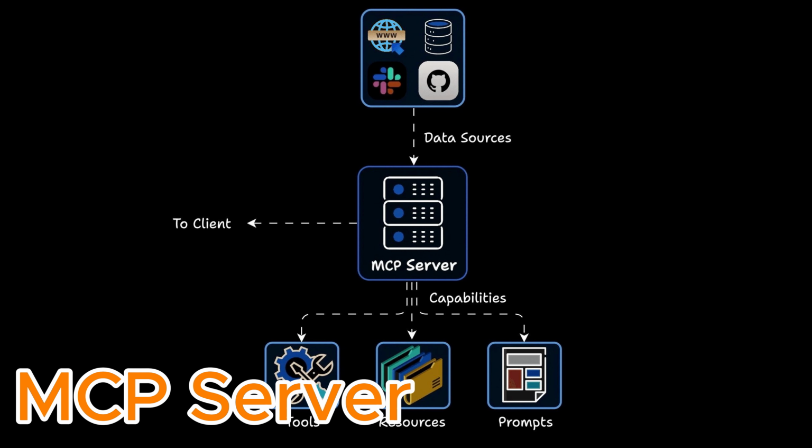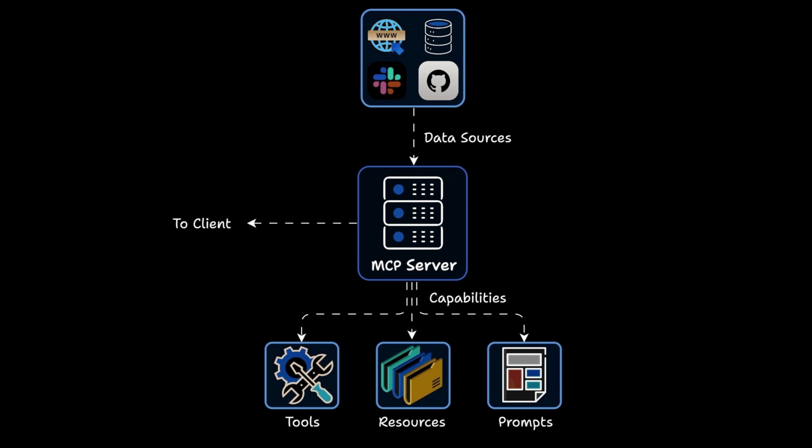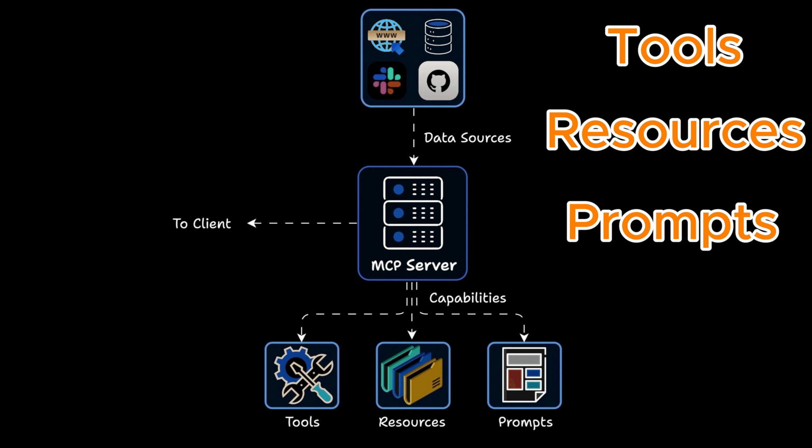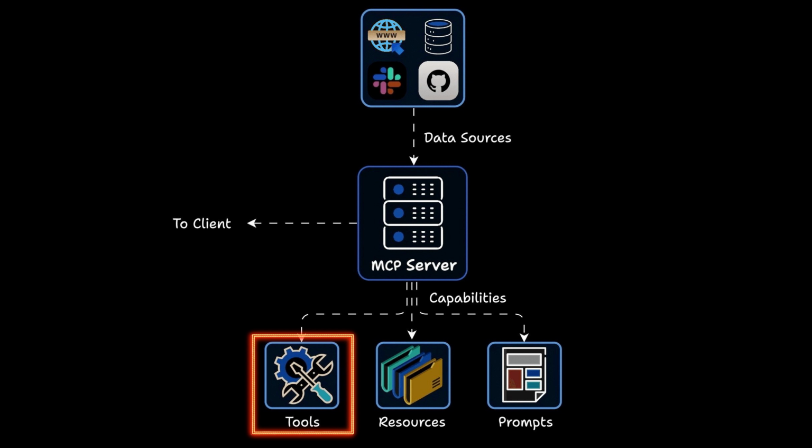The MCP server is where the magic happens. It's responsible for expanding the AI's capabilities by giving it access to different functionalities. The server provides three essential things: tools, resources, and prompts. The tools let AI take action, not just generate text. Example, a weather API that fetches live weather data.